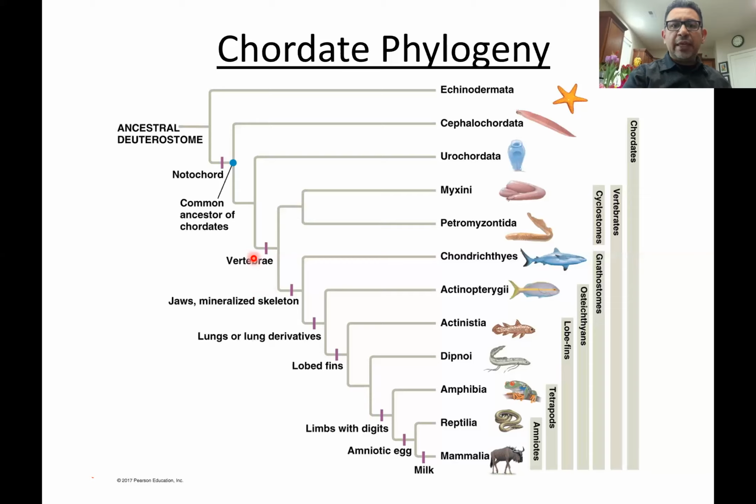For example, if we are talking about chordates that have vertebra, one of those important characteristics for many chordates, we are going to be calling those animals vertebrates. And for example, if they have just a round mouth, no jaws, we call them the cyclostomes.